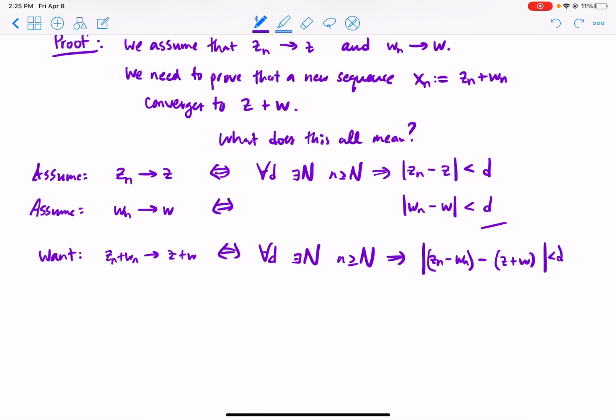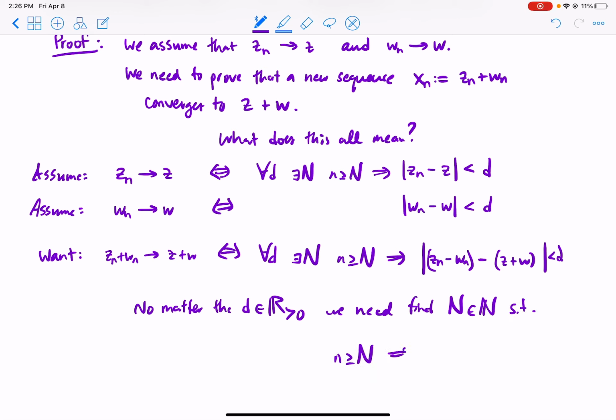So the key is we have control over these pieces, and so we should rewrite our goal. So no matter the d, positive real number, we need to find a capital N such that n greater than capital N implies, I'm just repeating myself now.